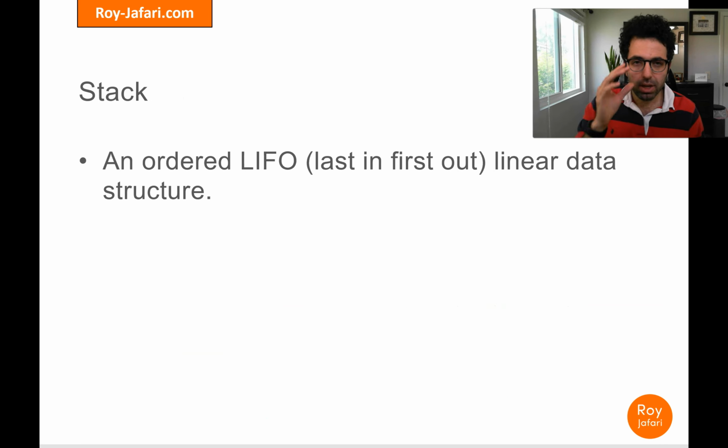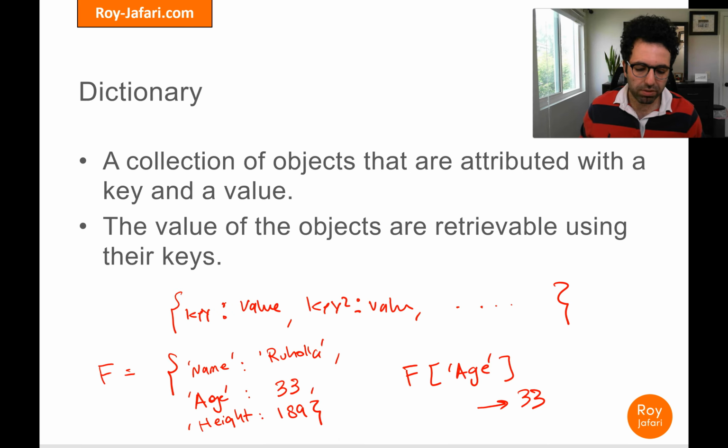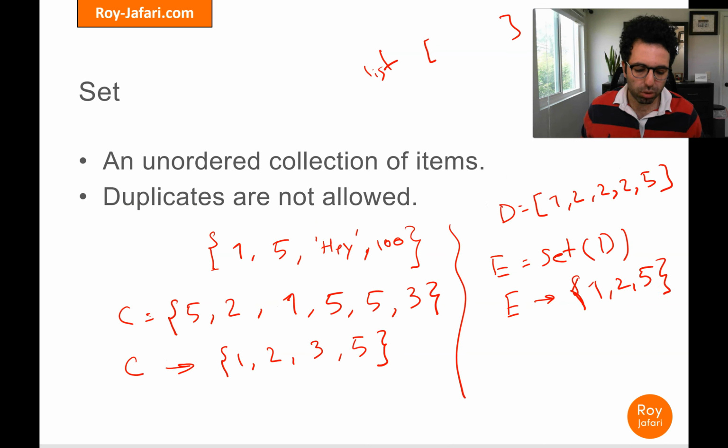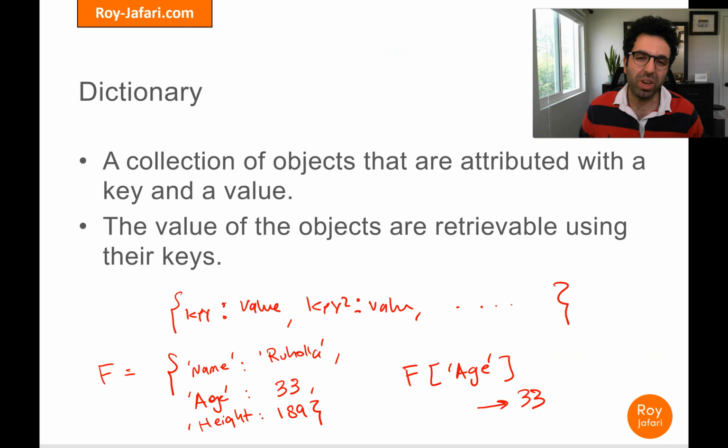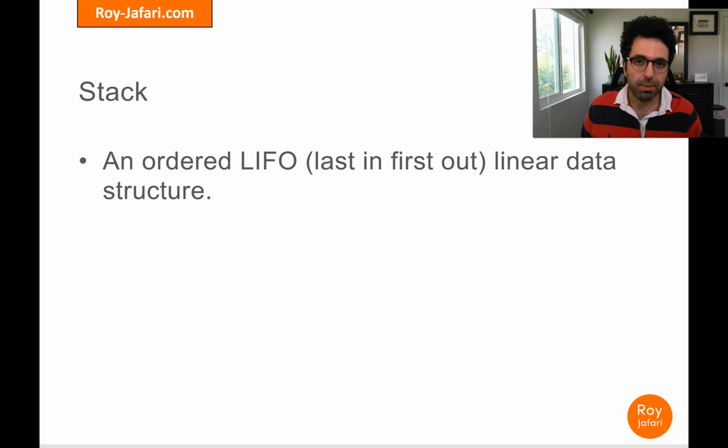So now let's move to a somewhat more customized data structure. These data structures are not in Python. The first ones, list, tuple, set, and dictionary, exist in Python under these names. But stack is not a data structure that Python has, though you can simulate it using a list.